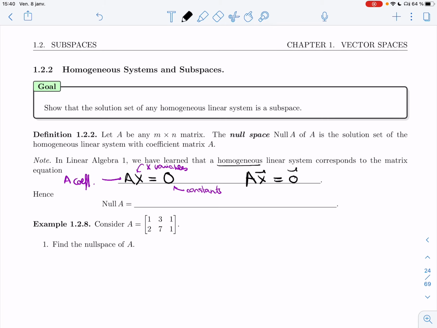Whether you think of it as a matrix or a vector, you have a column matrix or a column vector for X and for 0. All right, so this is equivalent to the homogeneous linear system. So when I talk about the null space, when I talk about the solution, that's going to be the set of all vectors X in Rn so that AX equals 0.